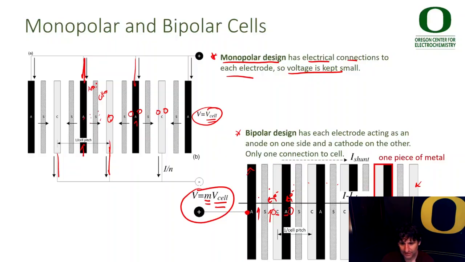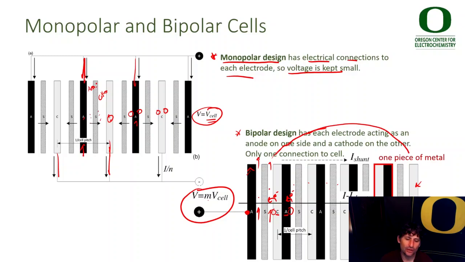The disadvantage of this type of system is that the voltage is very large. If you're pumping electrolytes, for example, through external pipes, you have to mix electrolytes, collect your product. There'll be some ionic pathways that go through those pumps, that external balance of plant, and some ionic current will flow through that.